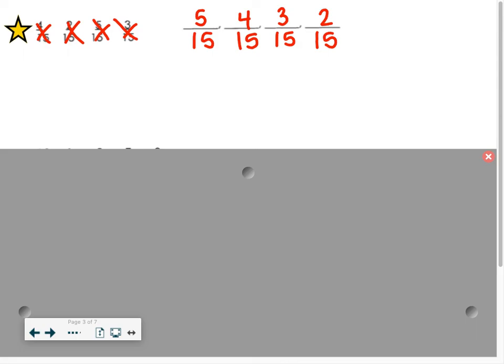But if you look right away and see they all have the same denominator, you can just put them in order. That's easiest. If they don't all have the same number on the top or the bottom, divide your paper into those sections: less than a half, equal to half, greater than a half.